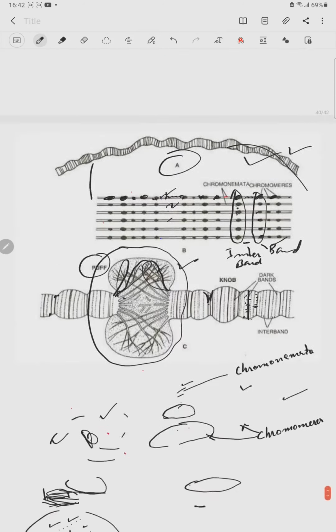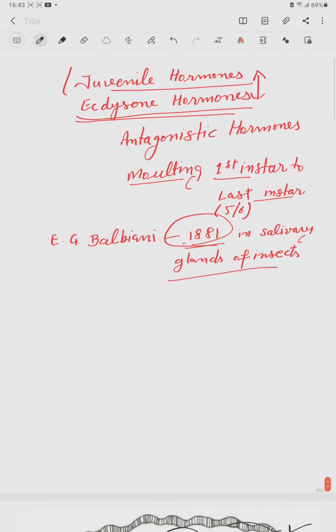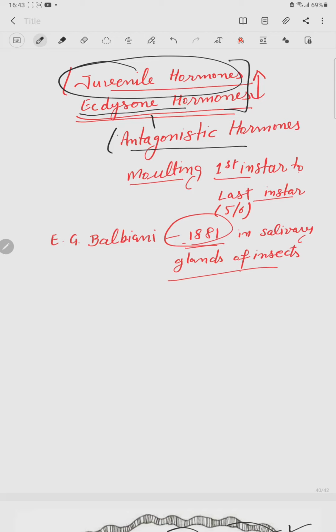Now, the activation of puff formation at the dark band site is under the control of a specific hormone, that is ecdysone, which has another hormone, the juvenile hormone, as its antagonist. These two hormones work against each other, and their balance in the tissue results in molting of the larva, and the larva molts from first instar to the fifth or sixth instar.